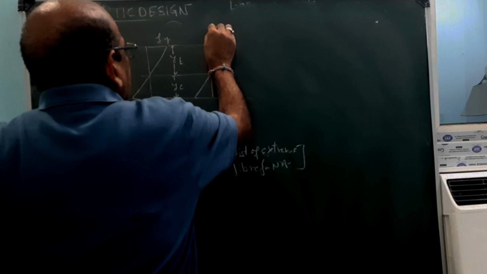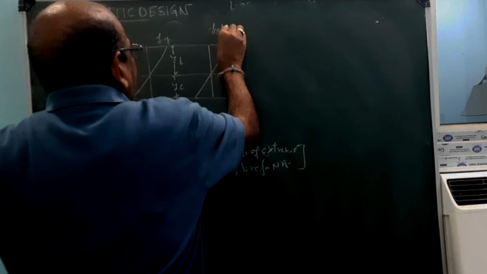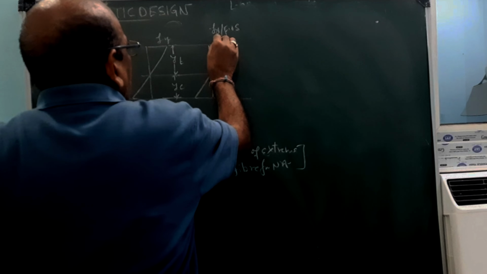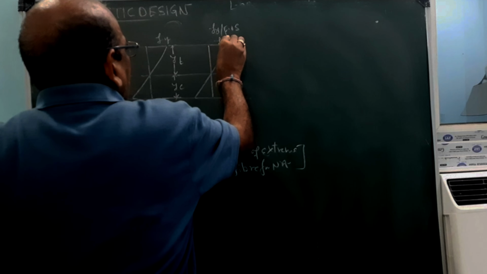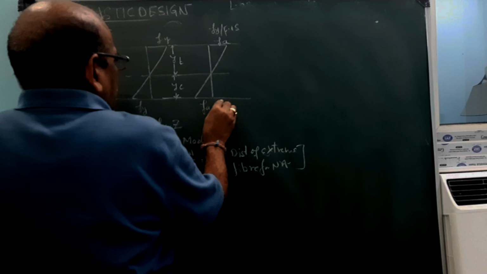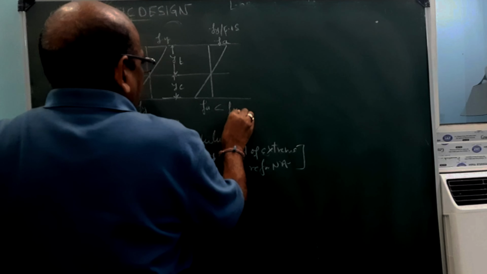If there is a factor of safety, Fy upon factor of safety is used, so this will be your Fa, or Fa can be the stress here, so this is less than Fy.